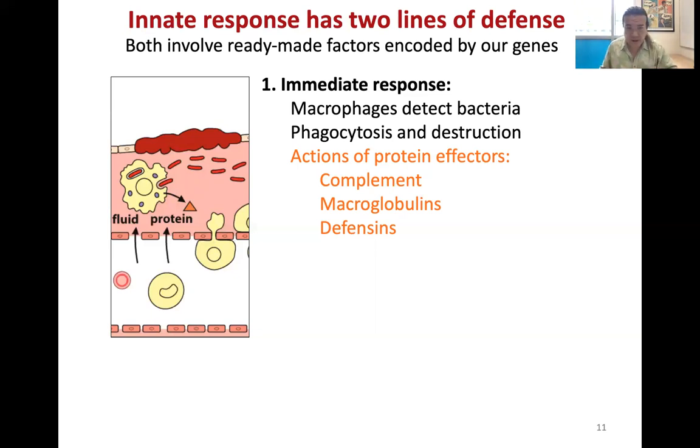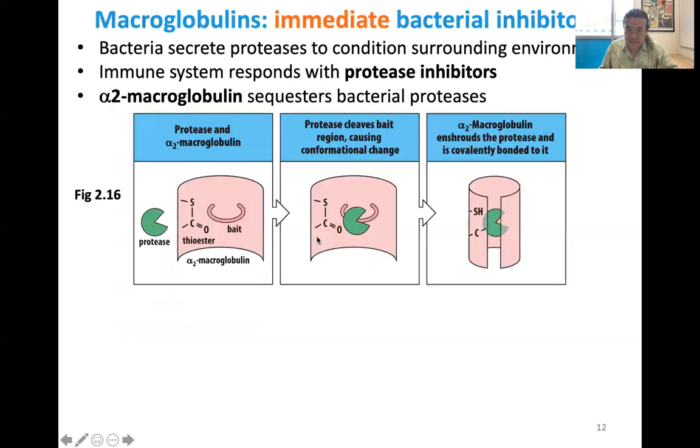And we've started talking about other proteins that function because they're the right shape and can also participate in the immediate innate reaction. So we've looked at complement proteins already. Let's go ahead and look at 2 other examples of immediate immune response proteins, macroglobulins and defensins.